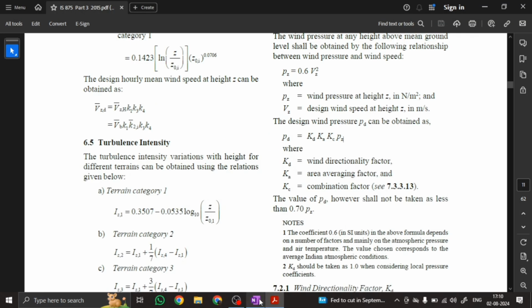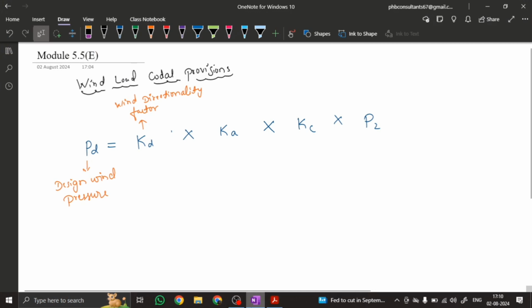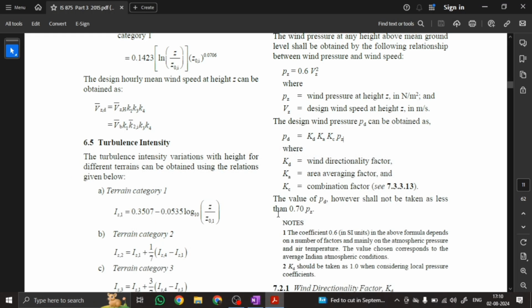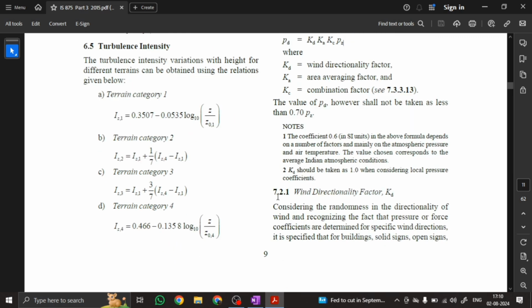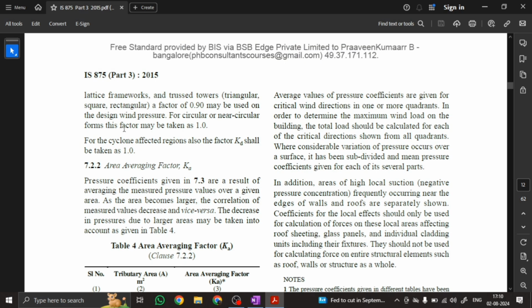Where it is present? KD, wind directionality factor, is in clause 7.2.1, page number 9. How we have to consider these values, 0.9 or 1?